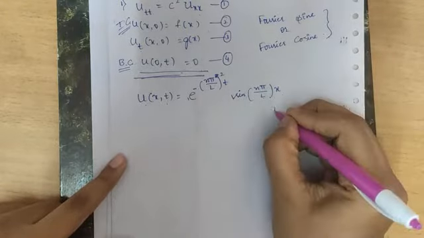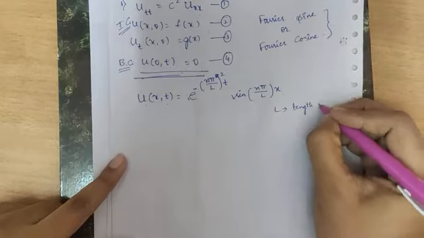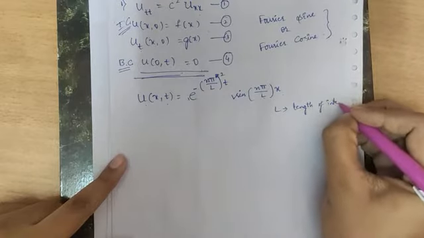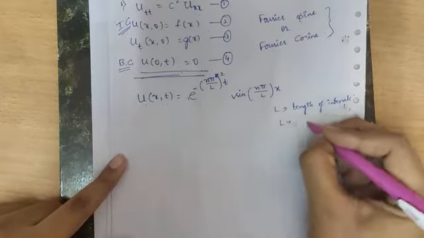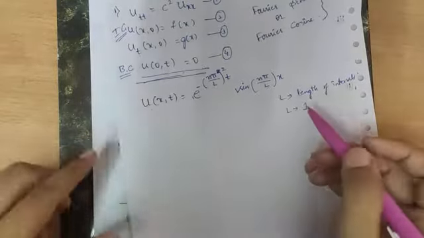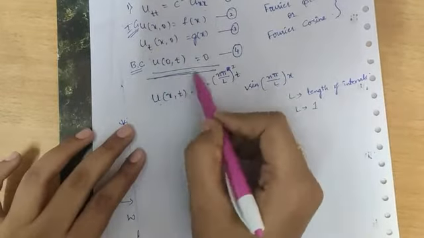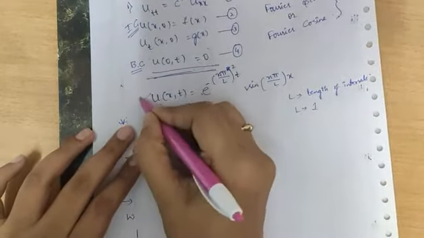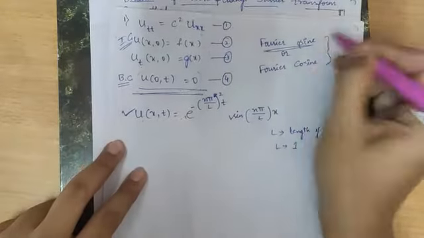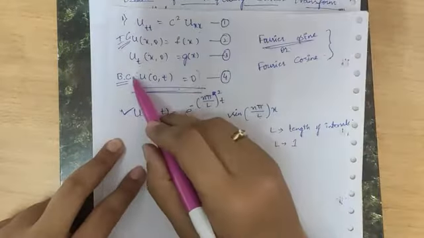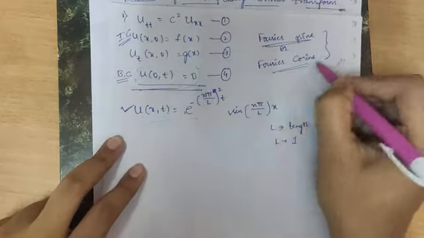Here L is nothing but the length of your interval. Let's consider L as 1. No problem. You can restrict your domain. So, if your boundary condition is true for this case, then you should use Fourier sine series. If your boundary condition does not hold, you should use Fourier cosine series.